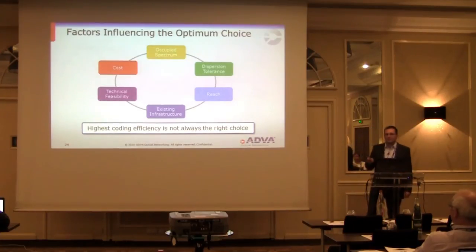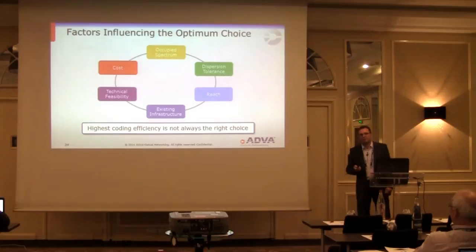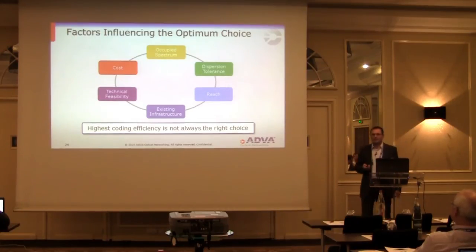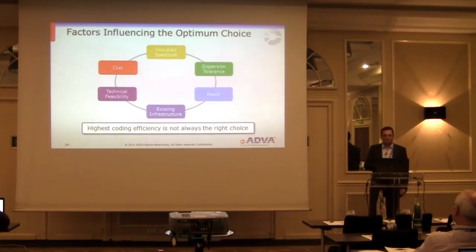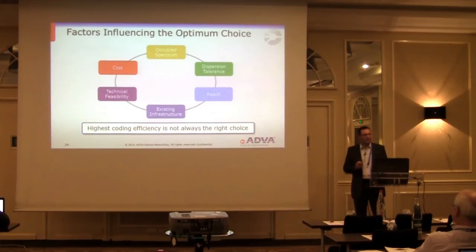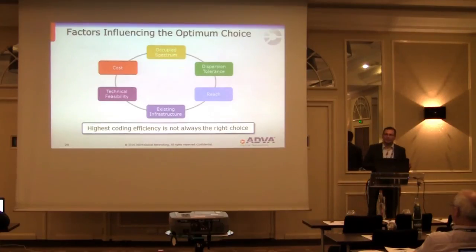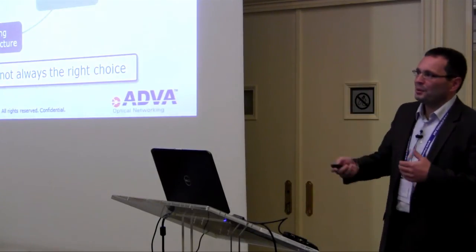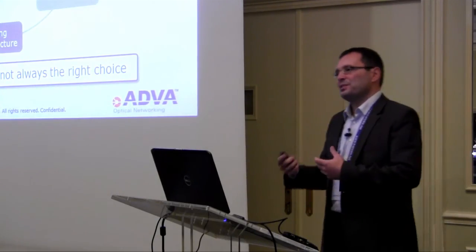Dispersion tolerance and reach are also questions. We just have seen that: if you want to go further, then maybe we have to lower the modulation scheme a bit. Dispersion tolerance we'll see on the next slide. There's also an interesting thing to handle that one. Of course, technical feasibility and cost play a significant role. And then it's also a question about the existing infrastructure. What do you have already in your infrastructure? What filter structure?